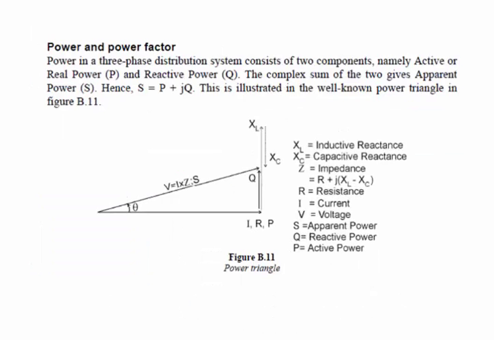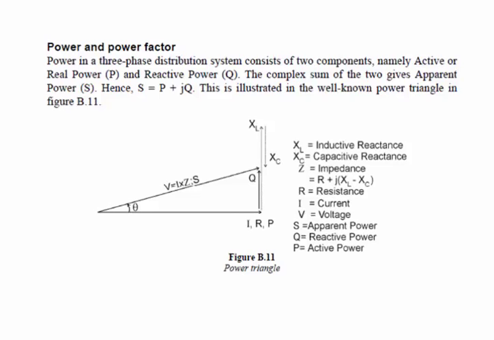The next one. This is basically power and power factor. Power in a three-phase distribution system consists of two components, namely the active or real power, which is P, and the reactive power, which is Q. The complex sum of the two gives the apparent power S, hence S equals P plus jQ.